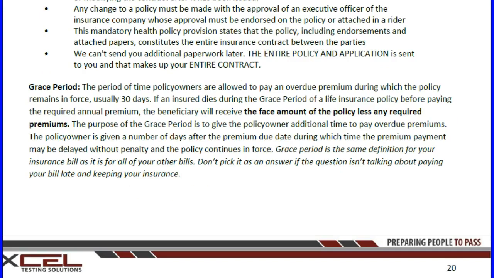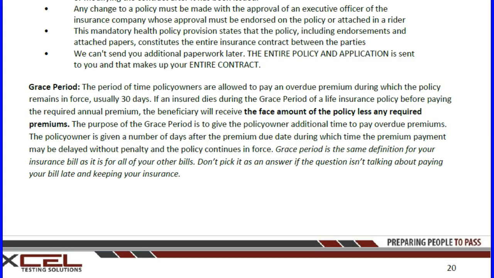Grace period. The period of time policy owners are allowed to pay an overdue premium, during which the policy remains in force, usually around 30 days.